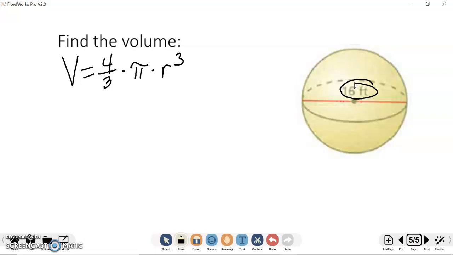But I know that a diameter is actually 2 radiuses. So what I need to do is I need to divide this by 2. The diameter equals 16, then I need to do 16 divided by 2 to get my radius. So my radius is going to equal 8 feet.